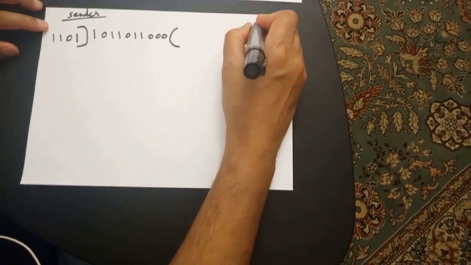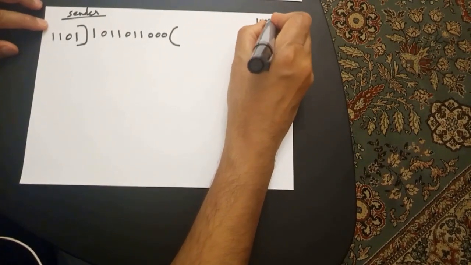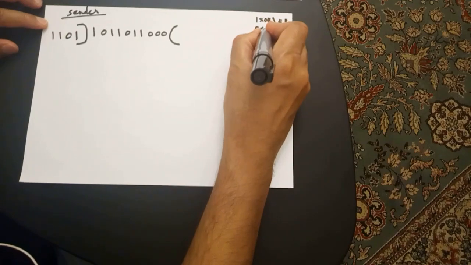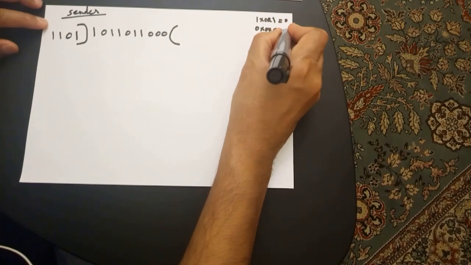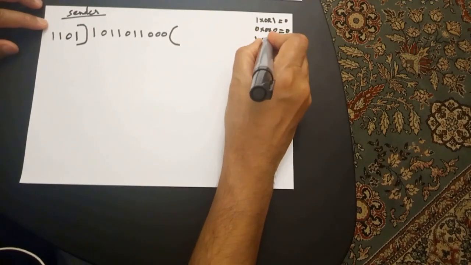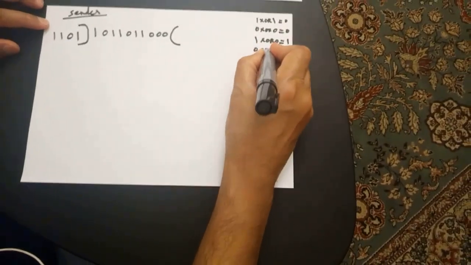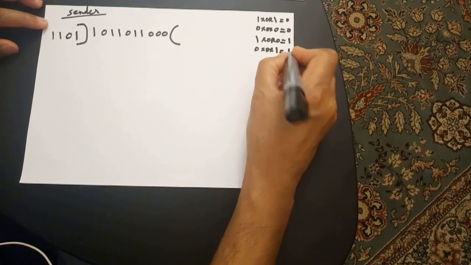Okay, so I guess you all know exclusive OR. What is 1 exclusive OR 1? It is 0. What is 0 exclusive OR 0? It is 0. What is 1 exclusive OR 0? It is 1. What is 0 XOR 1? It is 1.